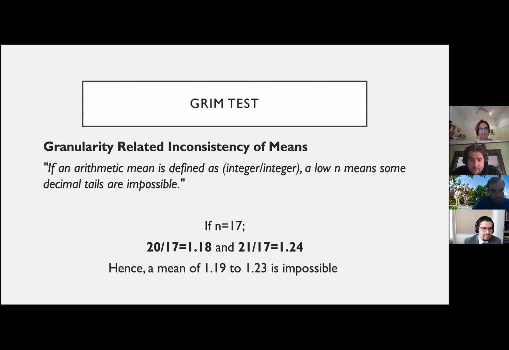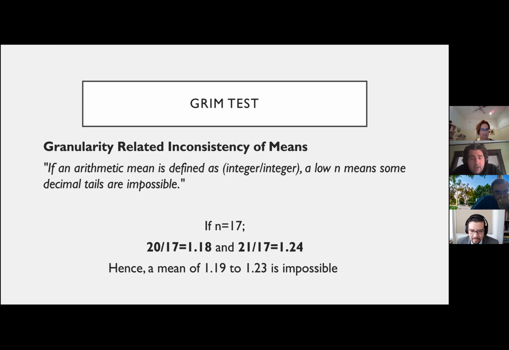The mean is 1.18. If we get 21, one of the scores increases. We get 21 over 17. The answer to that is 1.24. So if in this particular environment, someone reports a mean and it's from 1.19 to 1.23, it is impossible. None of the values in that range can be built out of 17th units.